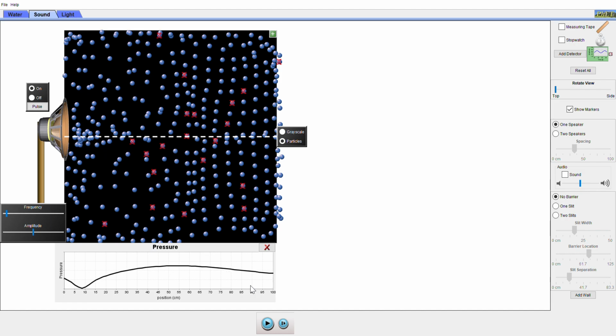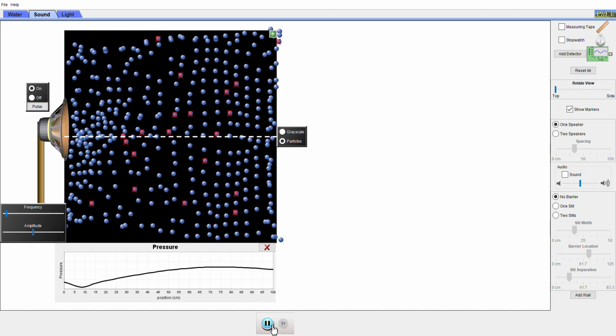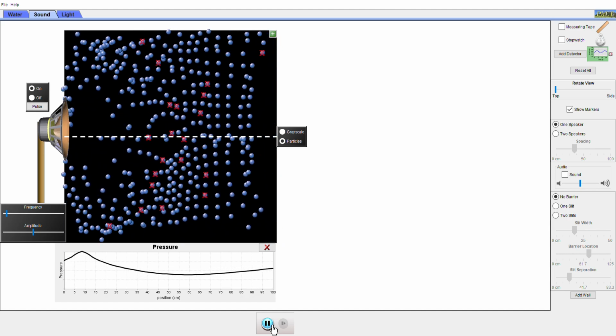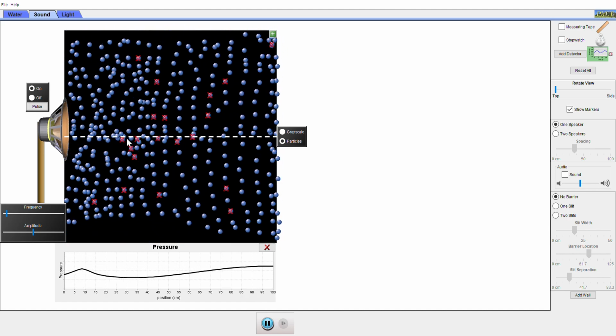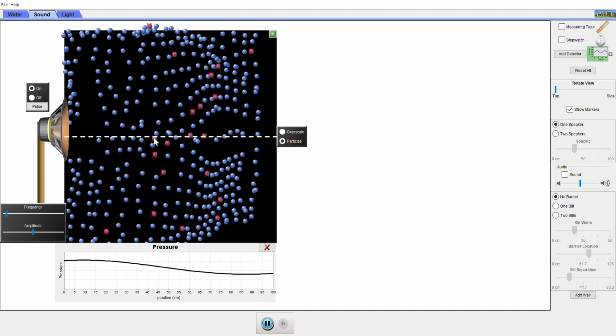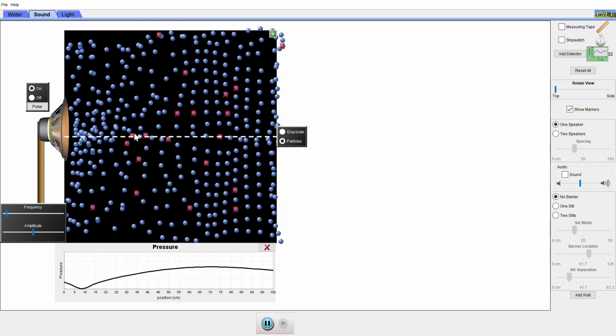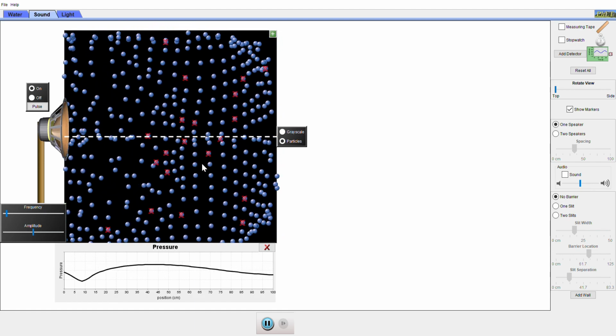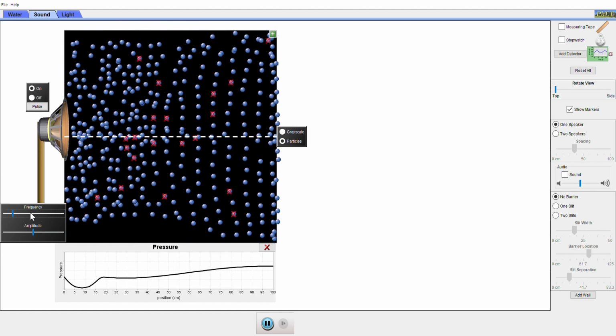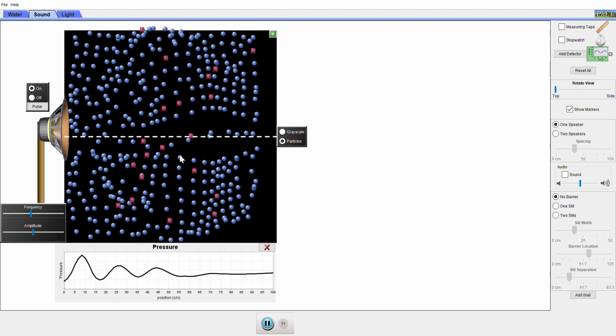Okay, now it's a little confusing to the eye just to follow all these little beads and see what's actually happening. But if you take one of the X's and just look at what it does and how it moves. Let me turn up the frequency. It's a little hard to see still.